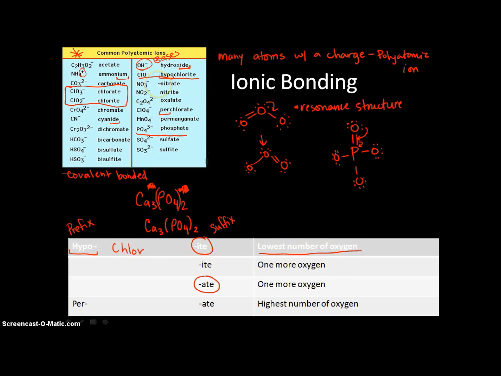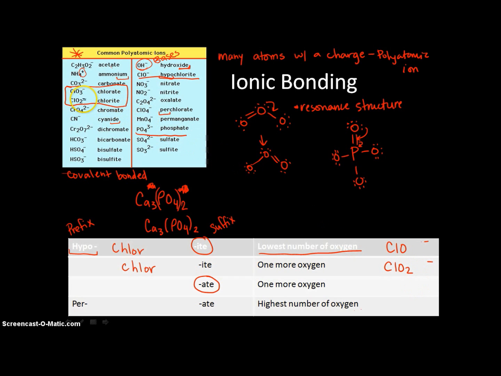So if you just memorize hypochlorite, and you remember that that's ClO with a negative charge, with 1 oxygen, you know that they're always going to be 1 more oxygen from that. So chlorite, without even having to memorize it or look at your chart, is going to be ClO2, and the charge is always going to stay the same.